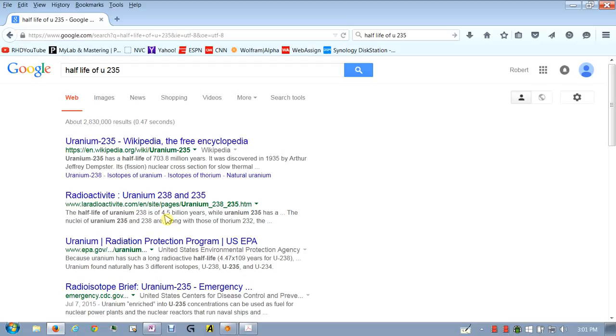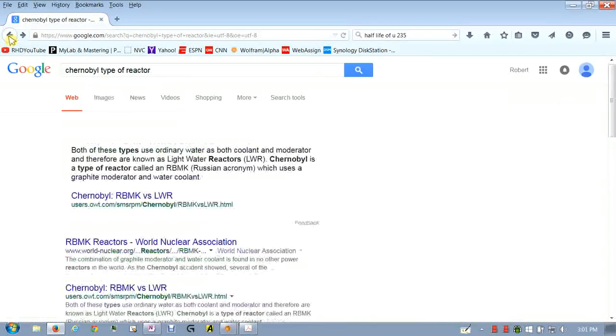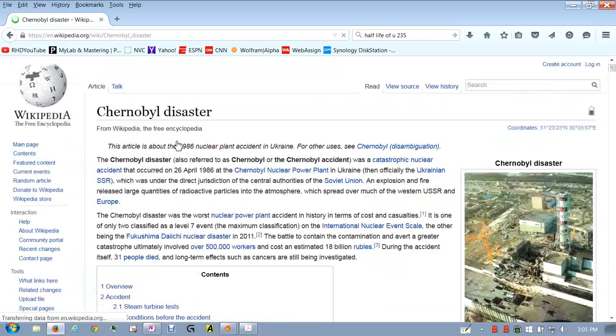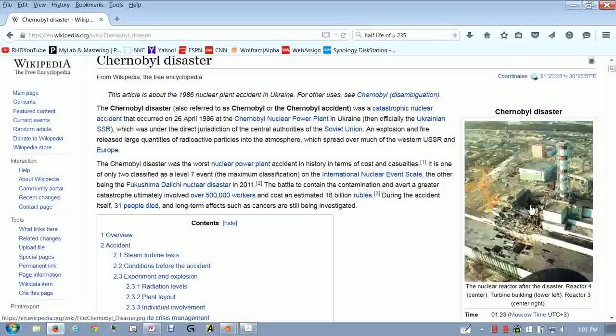So Chernobyl, this city, in 1986, is still completely uninhabited. Nobody lives there. And the reason is because when it melted down, it got so hot, its containment vessel was like trying to hold a hot knife through butter.